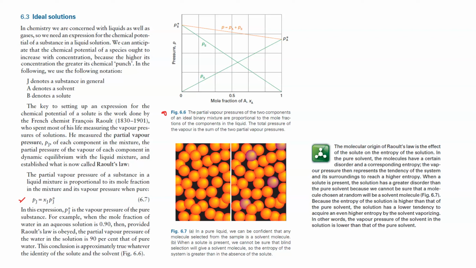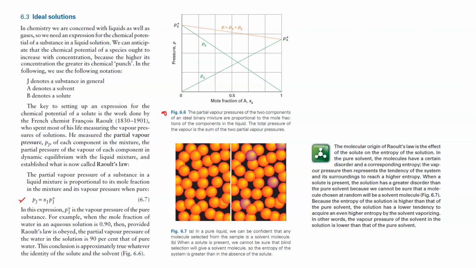The molecular origin of Raoult's law is the effect of the solute on the entropy of the solution. In the pure solvent, the molecules have a certain disorder and corresponding entropy. The vapor pressure then represents the tendency of the system and its surroundings to reach a higher entropy.